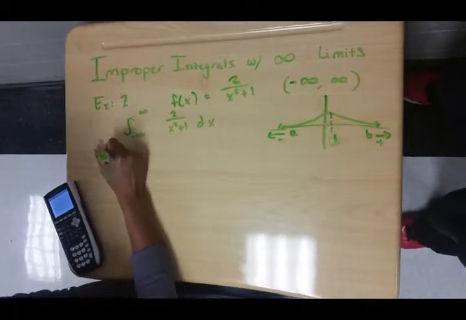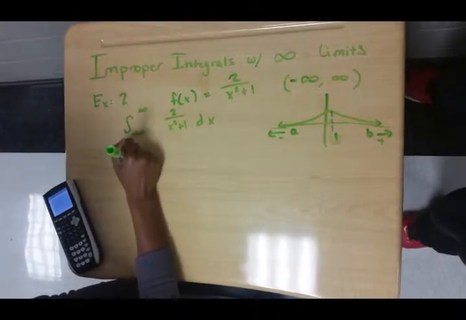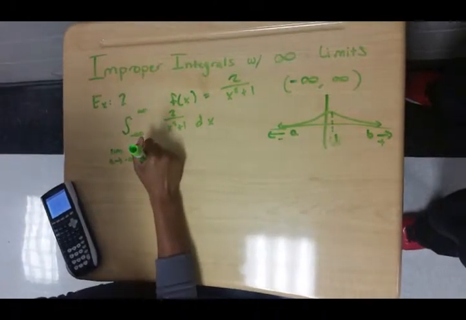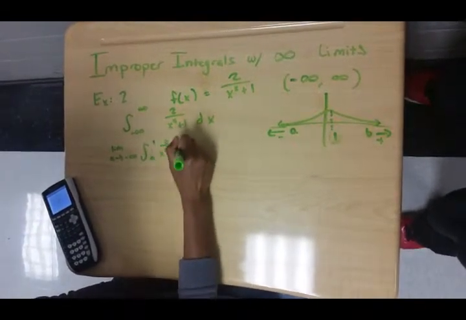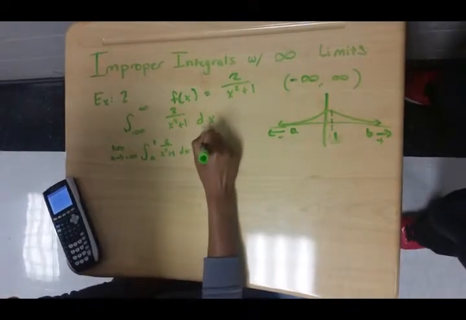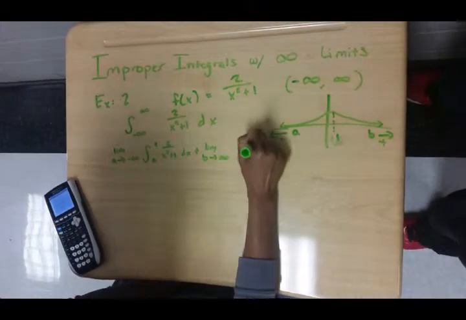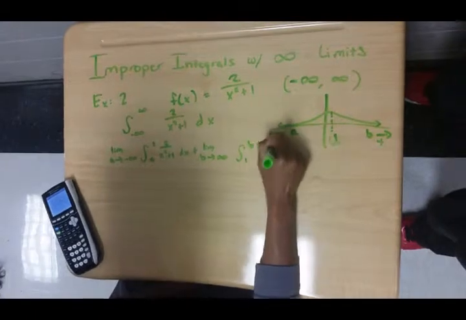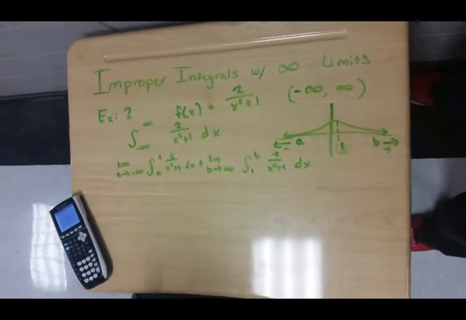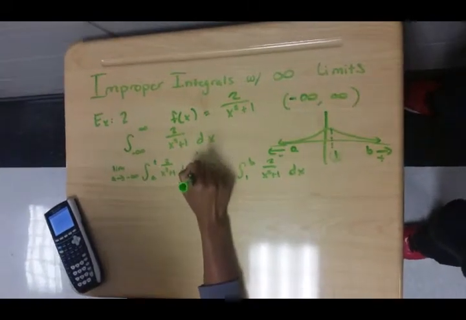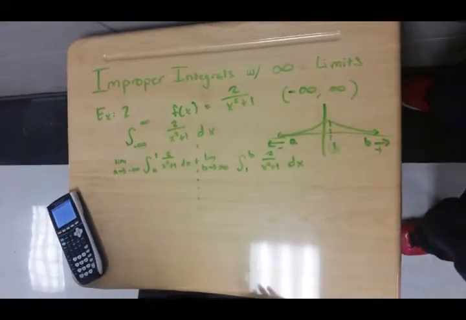So this integral will then become the limit as a goes to negative infinity of the integral from a to 1 of 2 over x squared plus 1 dx, plus the limit as b goes to infinity of the integral from 1 to b of 2 over x squared plus 1 dx. And now we solve. If it helps, you can solve these separately and then add them together. It really doesn't matter, but for some people, that is how they avoid confusion.